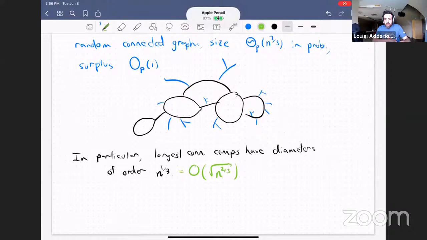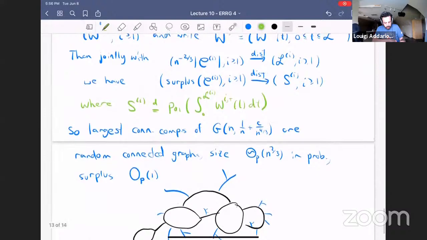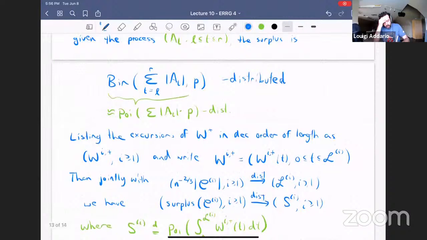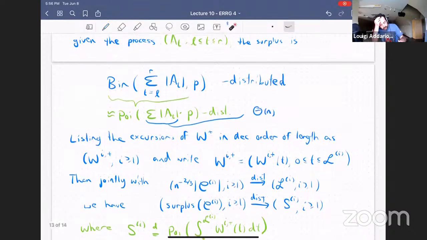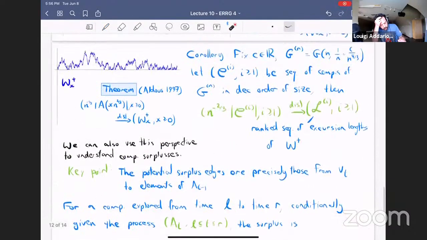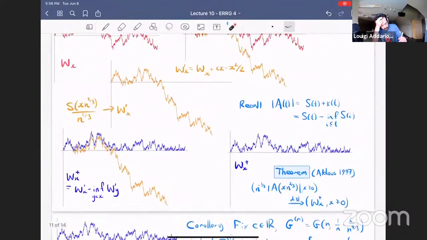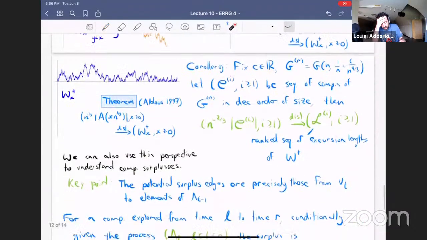The question in the chat: it seems that in the scaling for the surplus, the c over n to the 4/3 term disappears. That's a reasonable question. The point is that we're expecting this to be of order n, because these excursions were random. The lengths are random of order n to the 2/3, the heights are random of order n to the 1/3, so the overall area is random of order n.